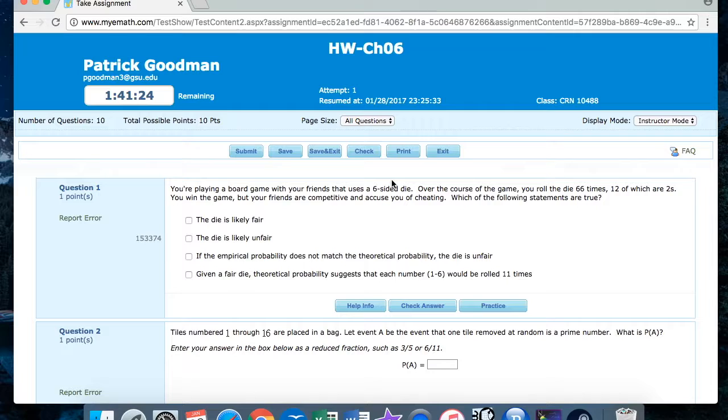Now, of course, if you have really, really bad luck, maybe you could get 20 ones or 30 ones with a fair die, but chances are probably not. So if you're rolling this 66 times and 12 of them are twos, how much exactly is that?